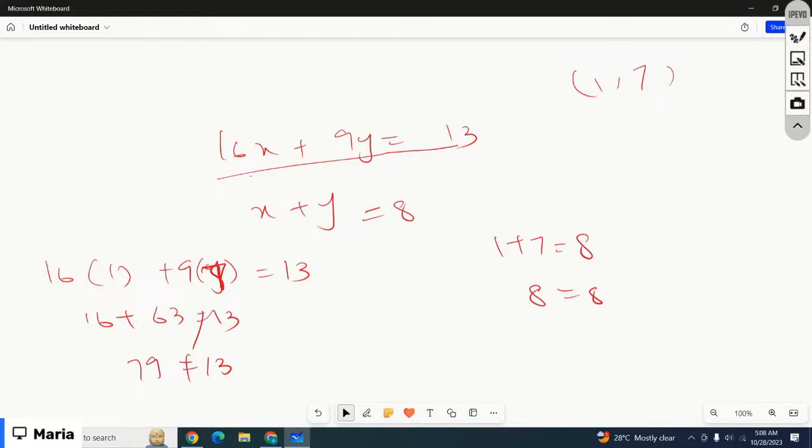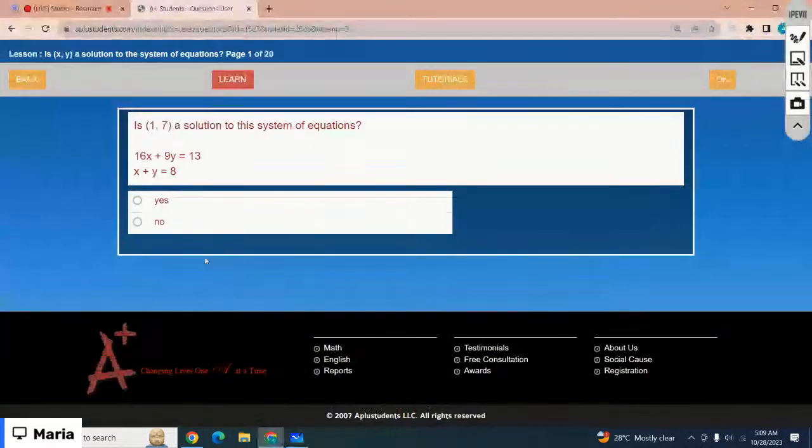So that means (1, 7) is not the solution of the system of equations. Got it? The correct option is no.